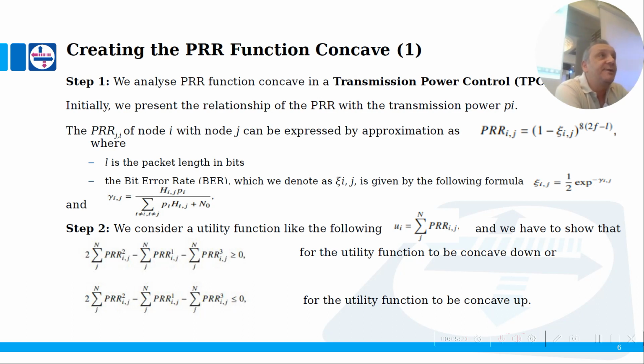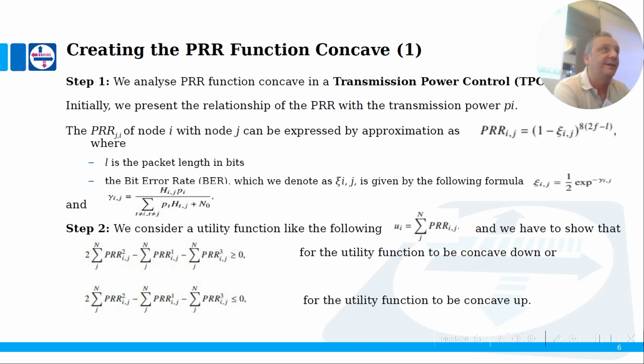As we said previously in this presentation, we will actually investigate the theoretical model of the packet reception ratio. As we can see, it can be expressed by approximation as a function of the bit error rate, which is represented by xi here.